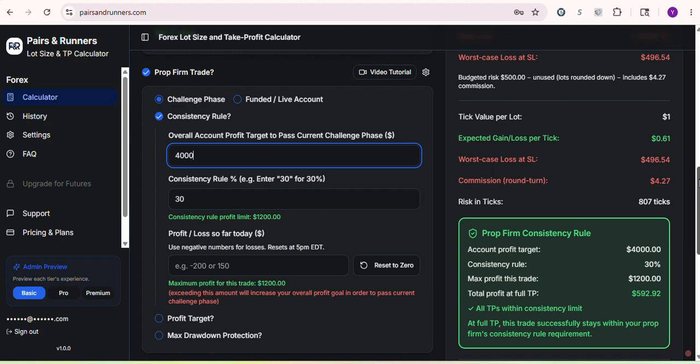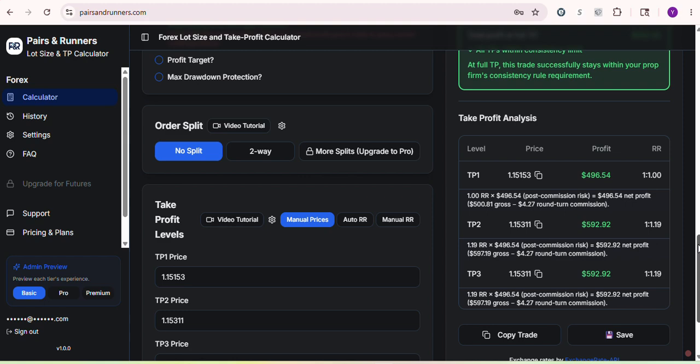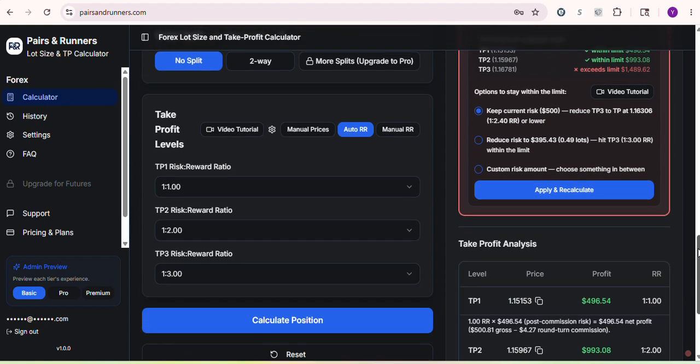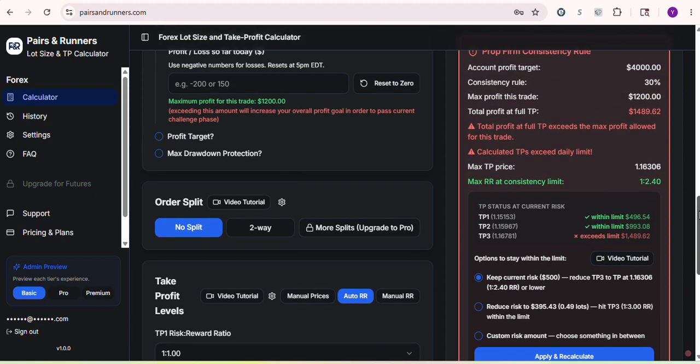And currently, with a $500 risk and my 3 TP levels, there we go. These are my TP levels for my original trade: 1 to 1, 1 to 2, 1 to 3. So TP1 and TP2 are within the consistency rule, but TP3 is not.